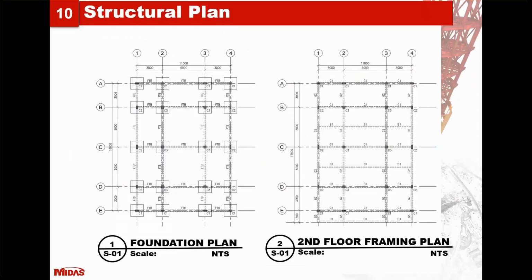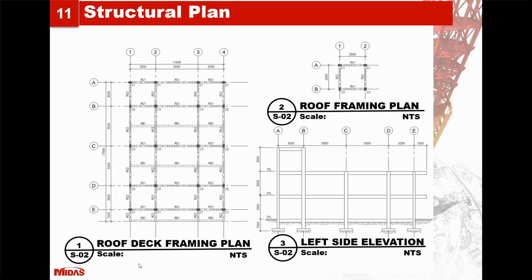So here is the framing plan of the model that we are going to use in this webinar. This is the foundation plan, second floor framing plan, the roof deck framing plan, roof framing plan, and then the elevation.